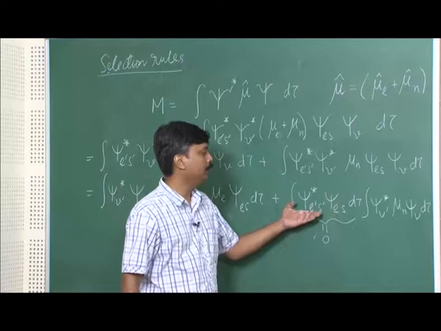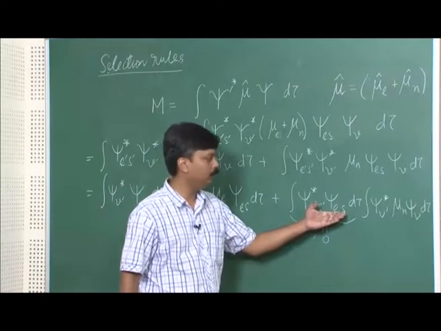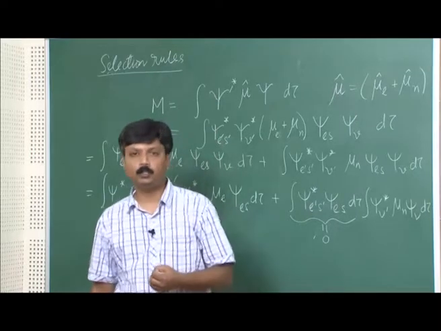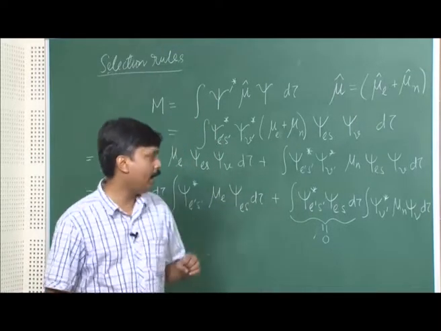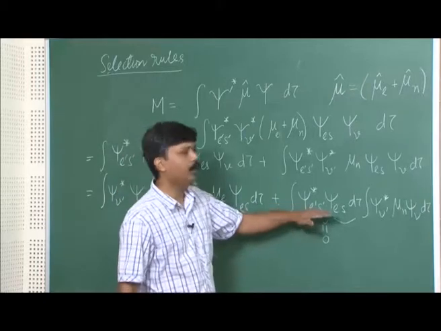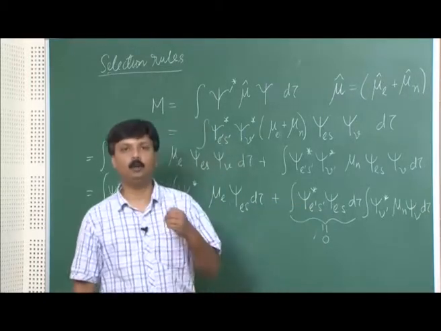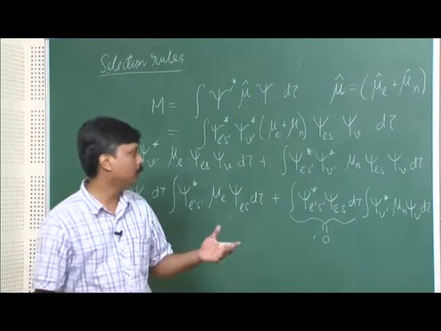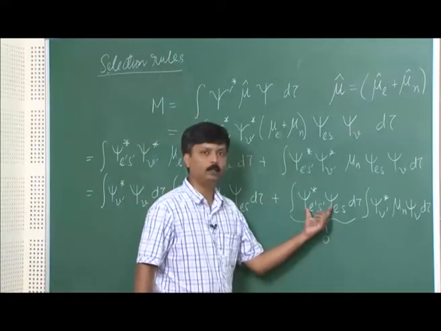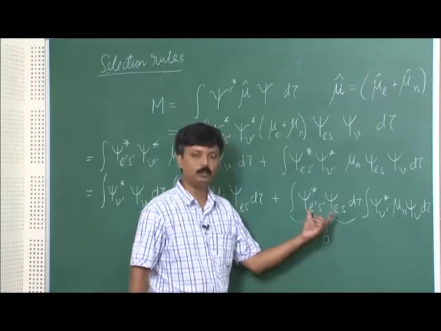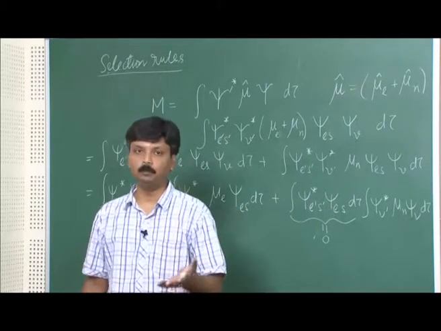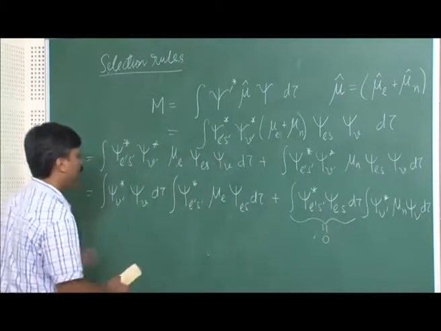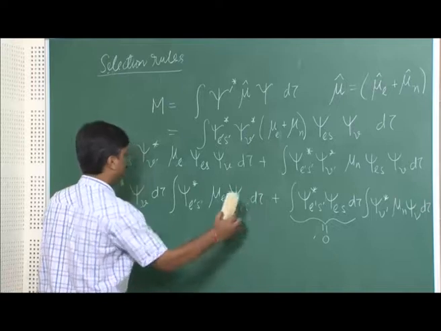Because this psi ES or psi E prime S prime, they are the wave functions for the electronic states, right, and these wave functions should be orthogonal to each other. Okay. So they are normalized as well as orthogonal. So this particular integral of two orthogonal functions will give me 0. So therefore this part is completely 0. So I am left with only this part.